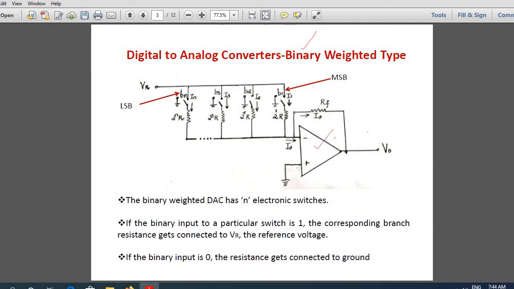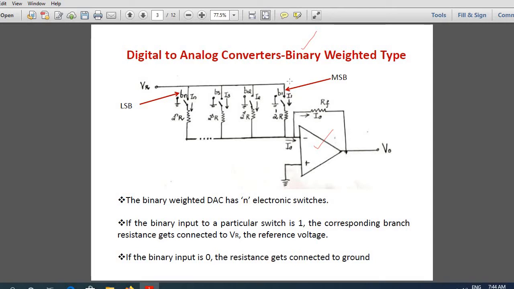An op-amp has a positive and a negative terminal. The positive terminal is called the non-inverting terminal and the negative is called the inverting terminal. So this is the feedback connection, so it is working in inverting mode. I think you have already studied all these in analog electronic circuits.